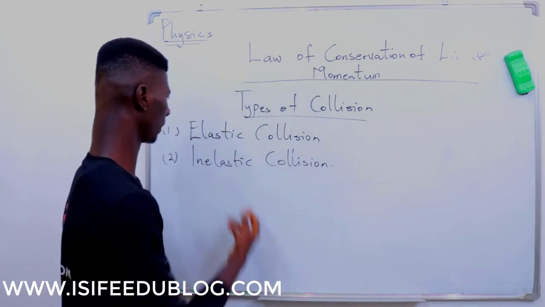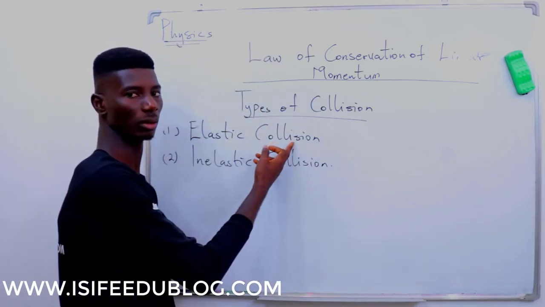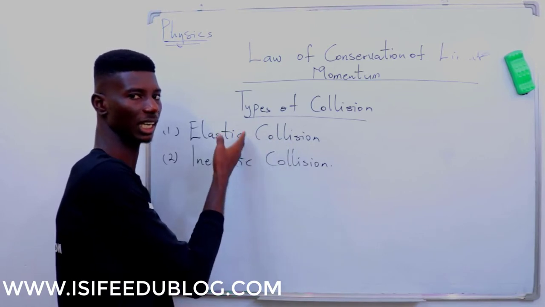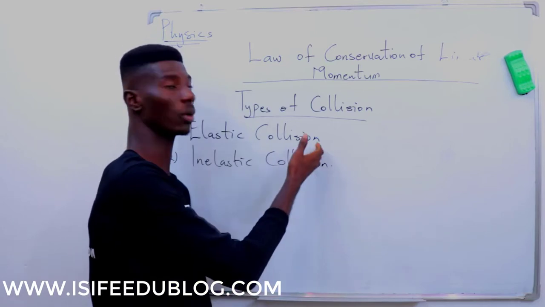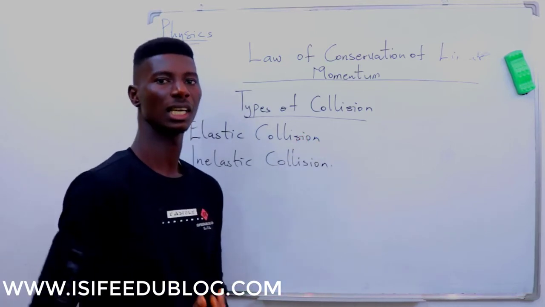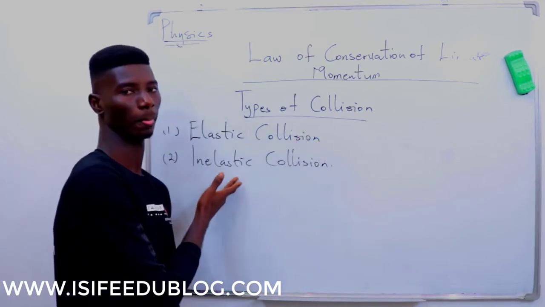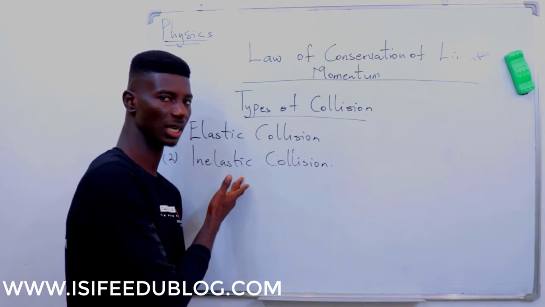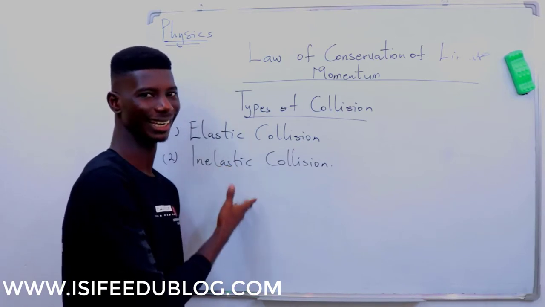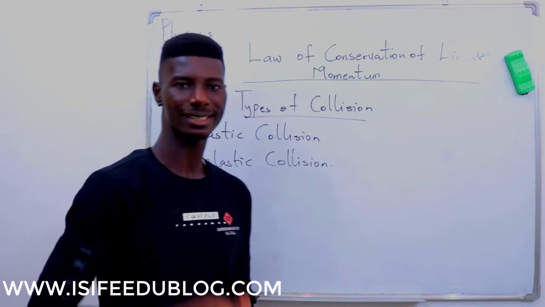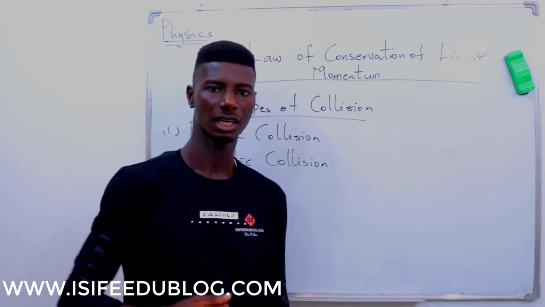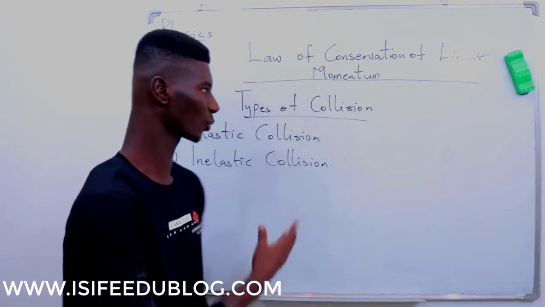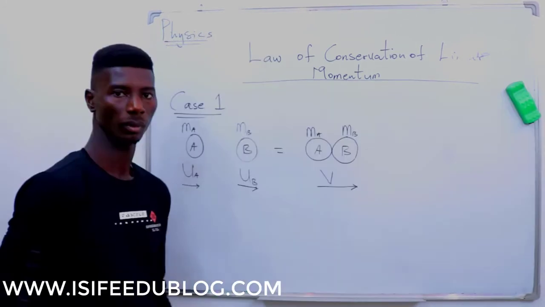So we are going to see that in elastic collision, the kinetic energy before collision is equal to the kinetic energy after collision. In inelastic collision, energy is not conserved, therefore the kinetic energy before collision is always greater than the kinetic energy after collision. So let's quickly do that and see.